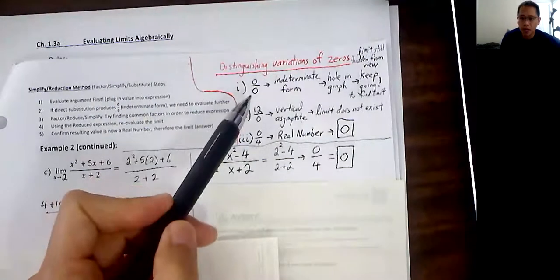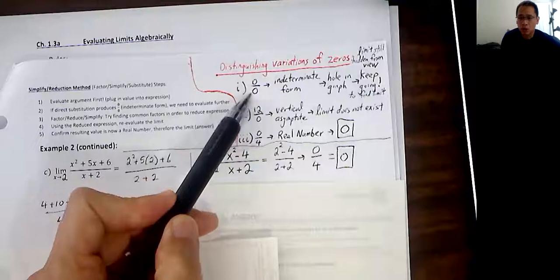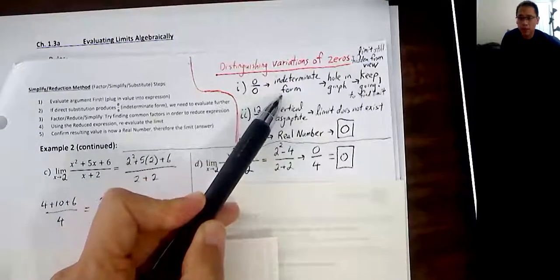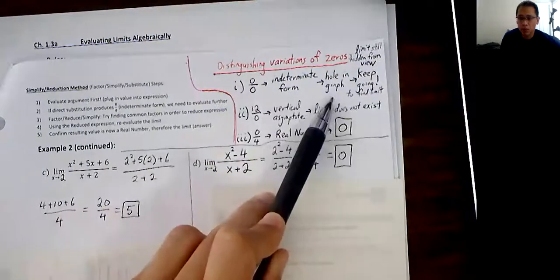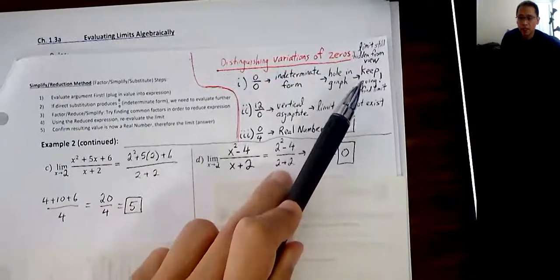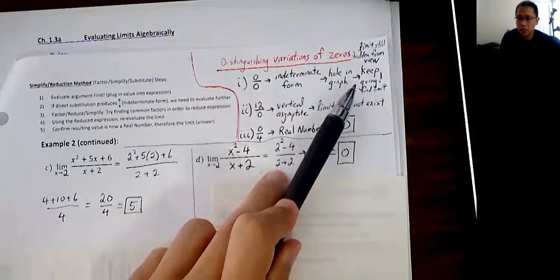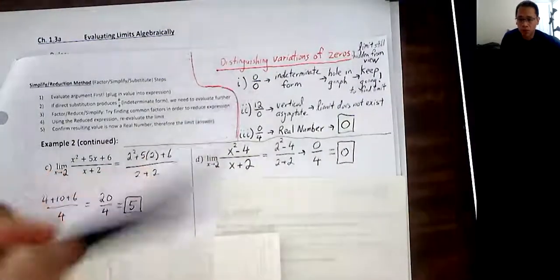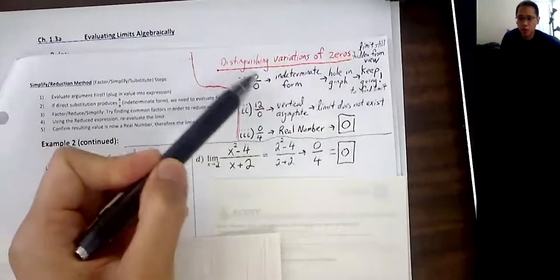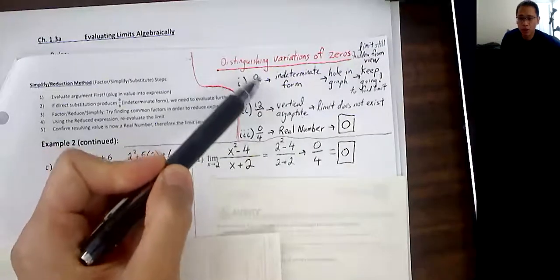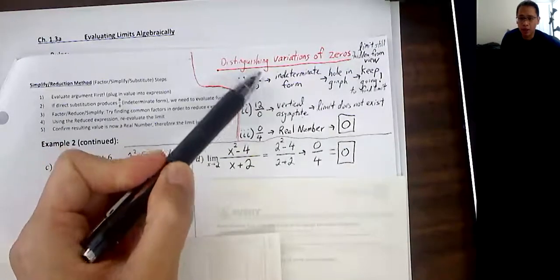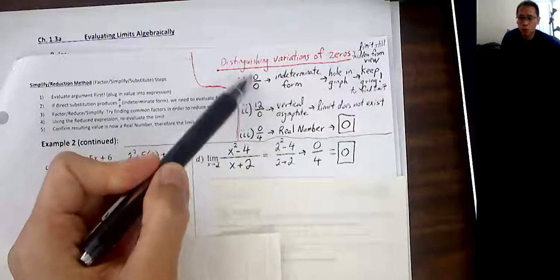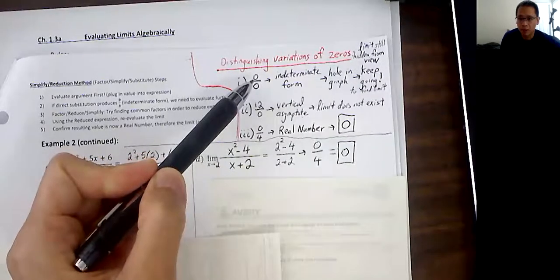So first up is if you see 0 over 0, we call that indeterminate form. This means that there's a hole in the graph, that the point doesn't exist, but the limit still exists. So most of the problems that we're going to see are probably going to fall within this category, where it's going to be more than just plugging in, and we're going to have to figure out how to work around that hole in the graph.